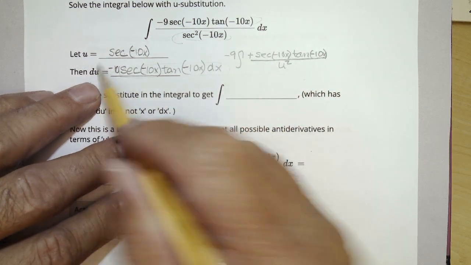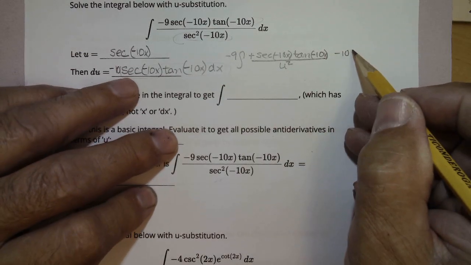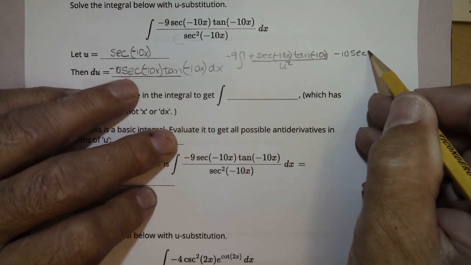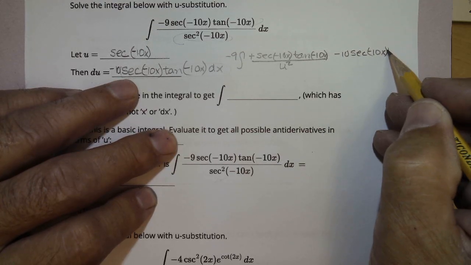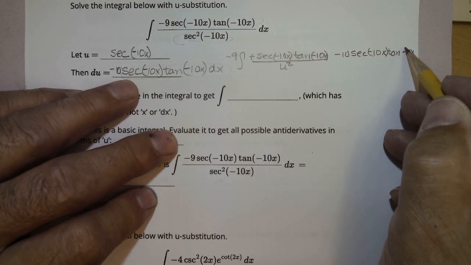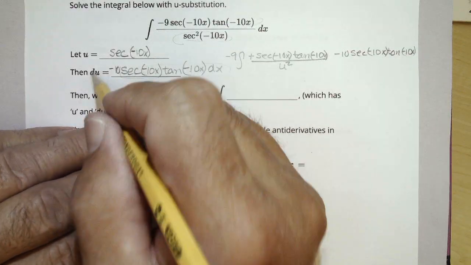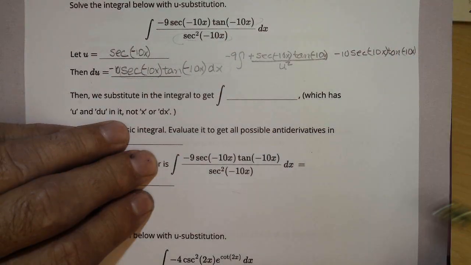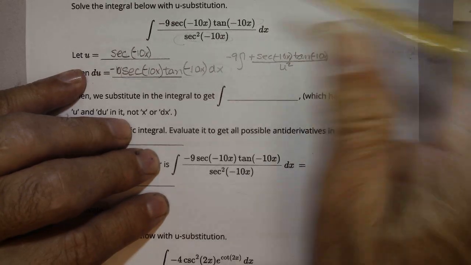And then du would be negative 10 secant negative 10x, tangent negative 10x. Oh, but that would all end up under the du. Not thinking real clear here. Let's get this straight.